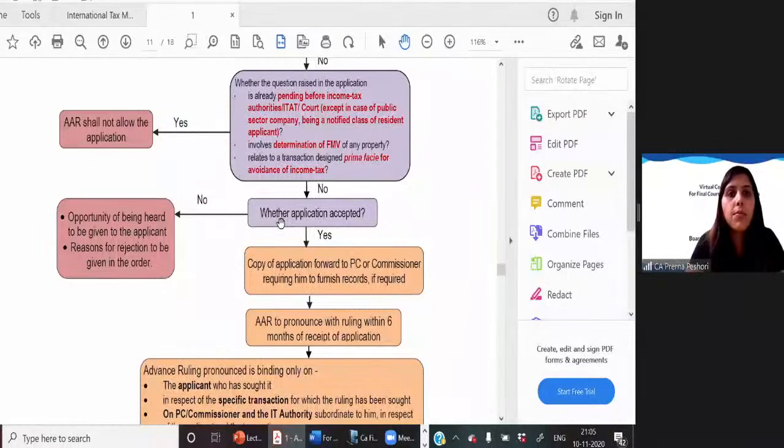No, no appeal is allowed. Ambika. At most, the writ petitions could be filed. Writ petitions also when no reason is given or no opportunity of being heard is given. Clear, Ambika?